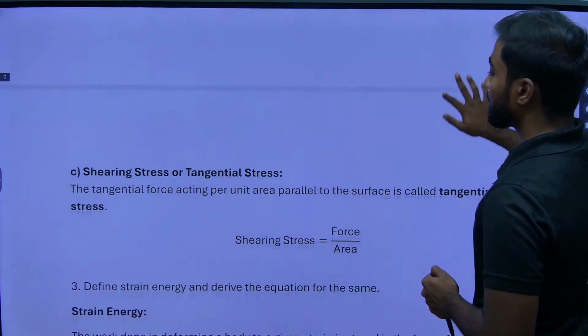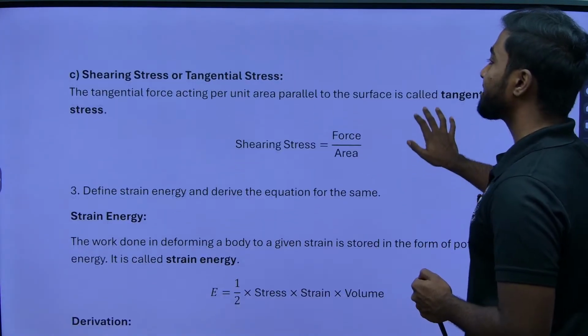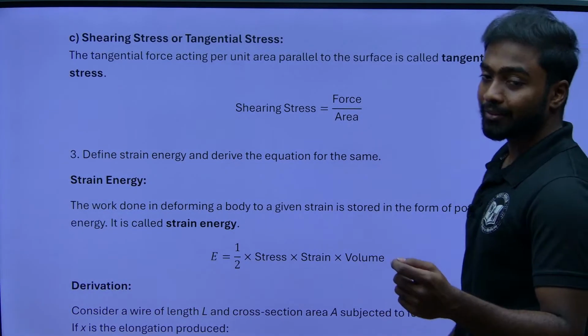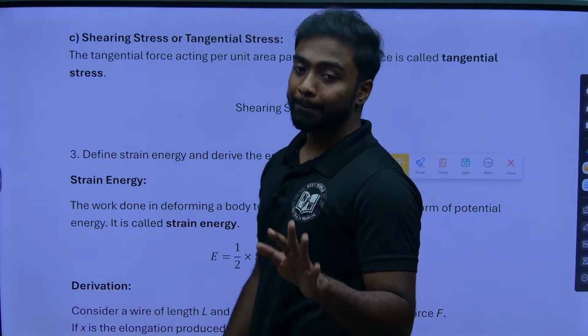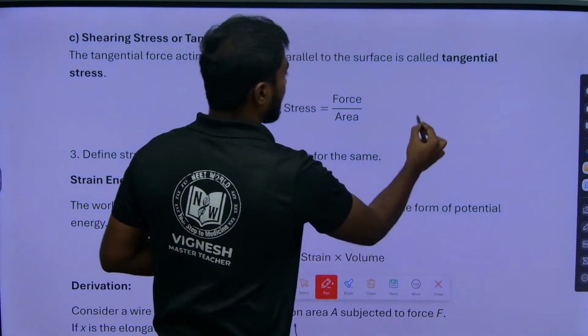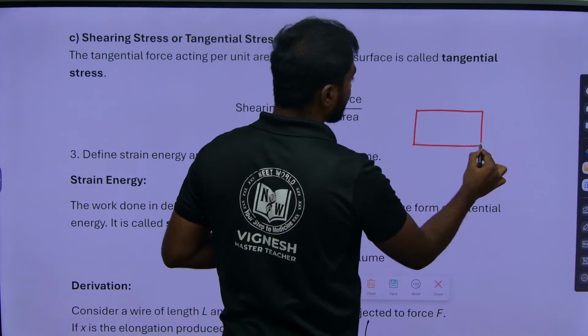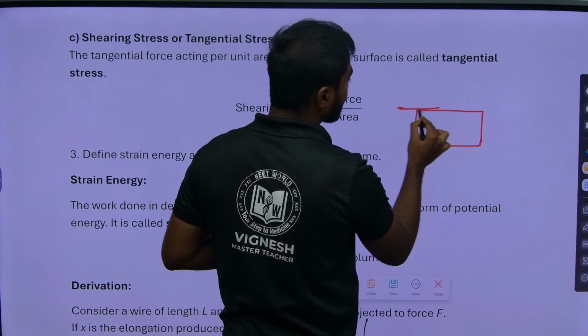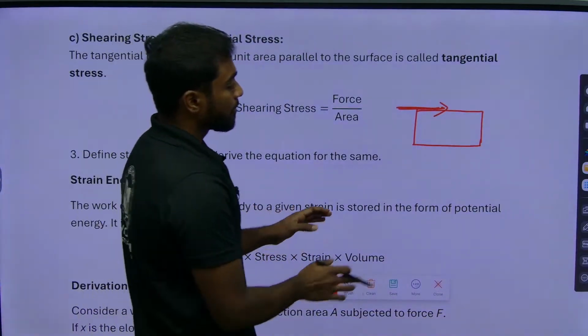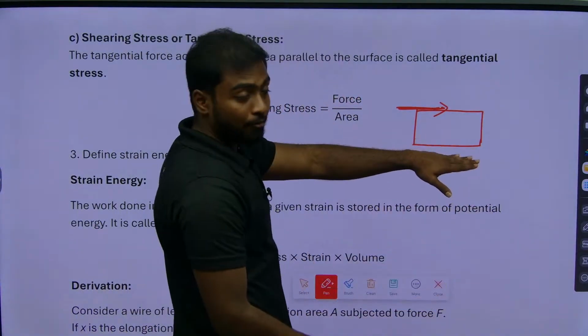The next one is shearing stress or tangential stress. Here, how is the force acting? The force will be acting parallel to the body. If I take a body like this and apply a force in this parallel direction, let me take the bottom as a fixed point.